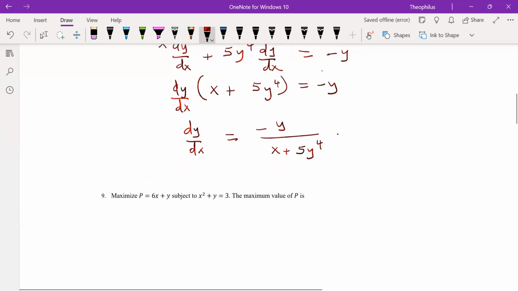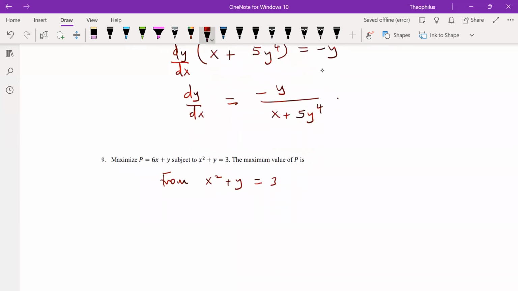So in this case, we can decide to make y the subject. So from x squared plus y equal to 3, this implies that y should be equal to 3 minus x squared.